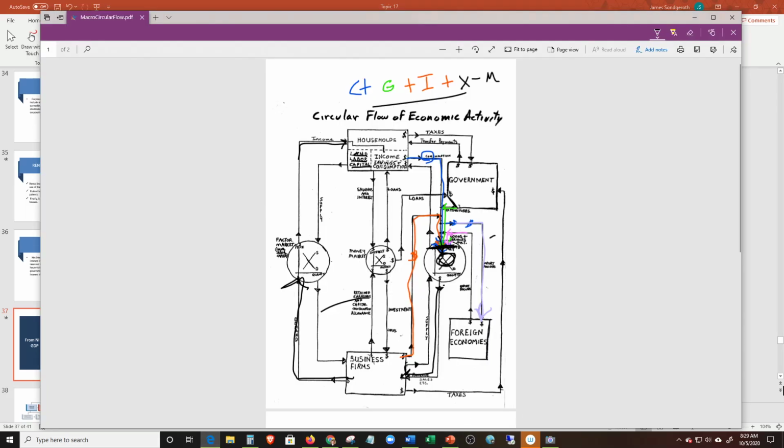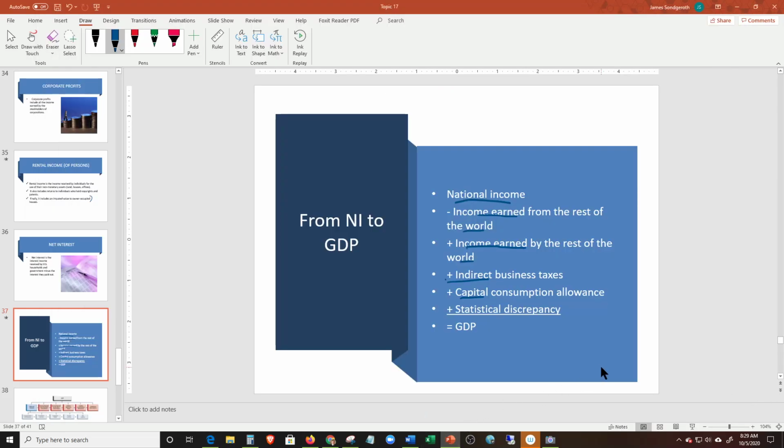So basically, the indirect business taxes we have to take cognizance of, and we're not concerned with retained earnings or corporate profits, but we do have to take cognizance of the capital consumption allowance or depreciation, okay? And so this is pretty complicated.